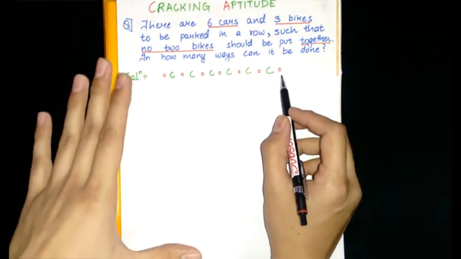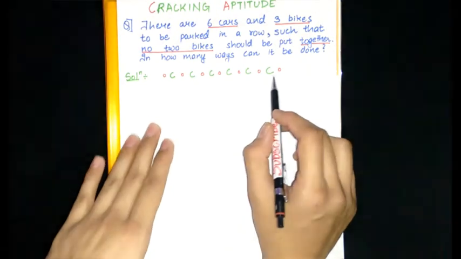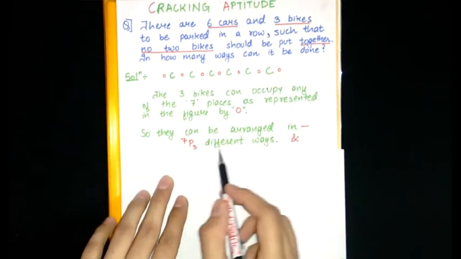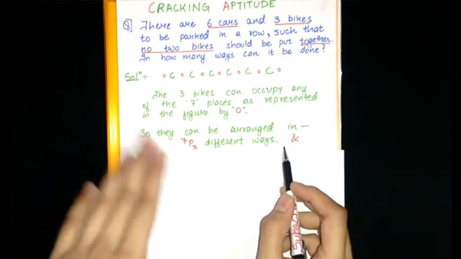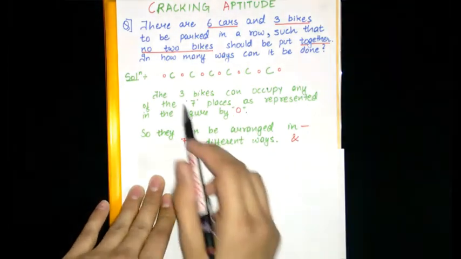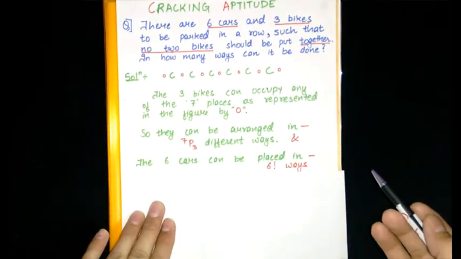So by formula, these 3 bikes can occupy any of these 7 places in 7P3 different ways, and the 6 cars can be parked among themselves in 6 factorial ways.